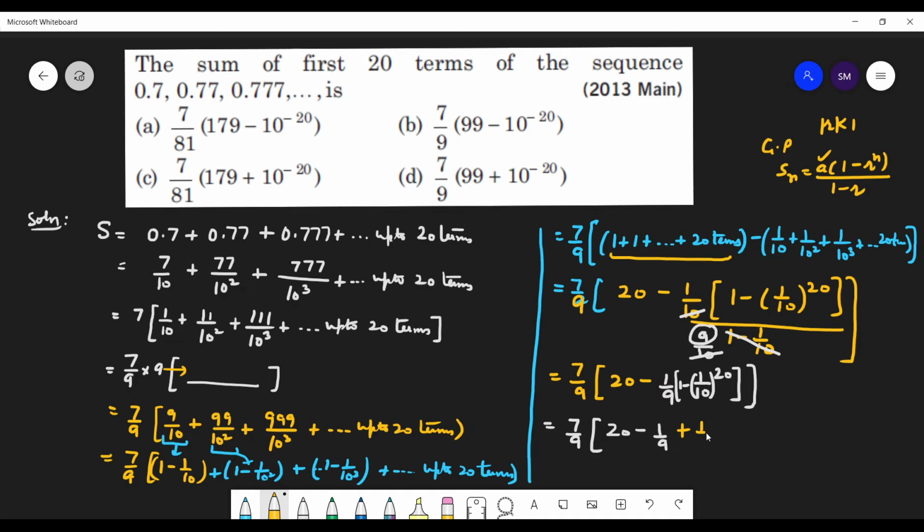Very good, excellent. Now the second thing given to you is a square, b square, c square are in harmonic progression. So what can you say? So 1 by a square, 1 by b square, 1 by c square are in AP. Excellent, that's also correct.